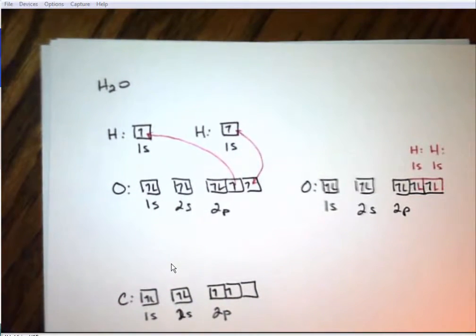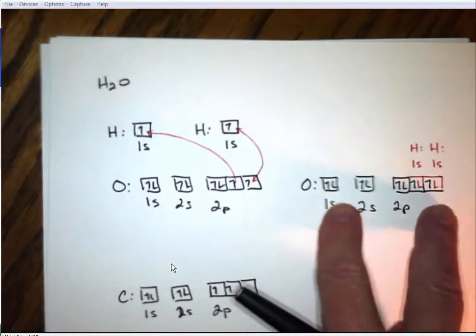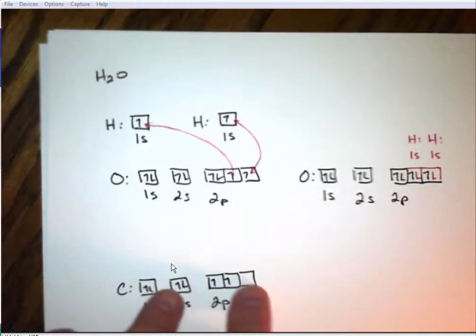I mean, I can put an extra electron in there, but that's not the same thing as sharing, is it? But I need 4. So this isn't working for us. In fact, we know this is not what happens. What happens is that something happens to these orbitals before or during the process of bonding, and it's called hybridization.